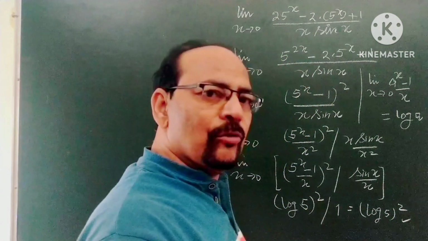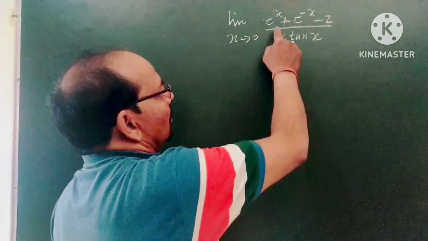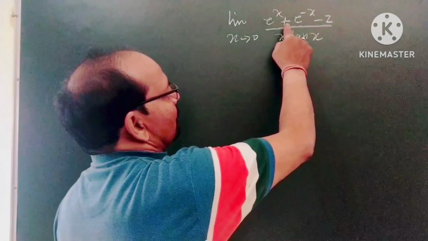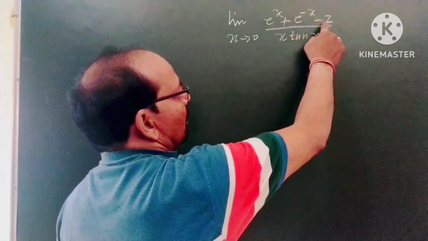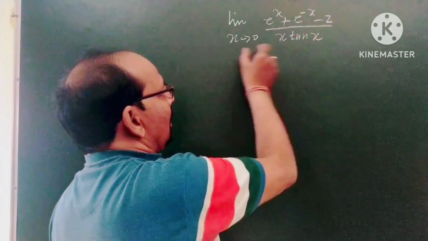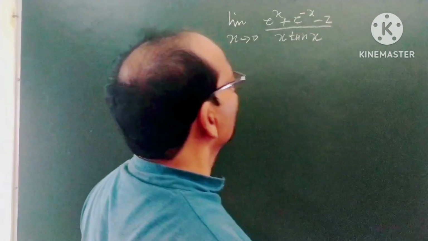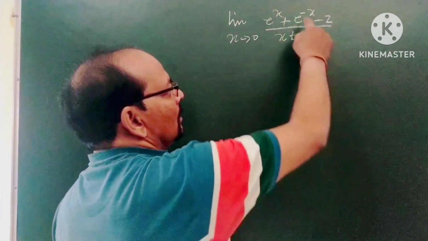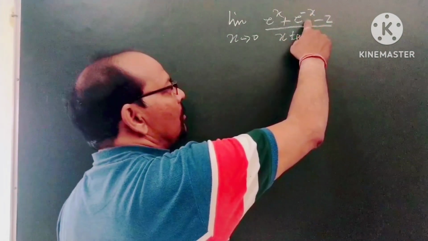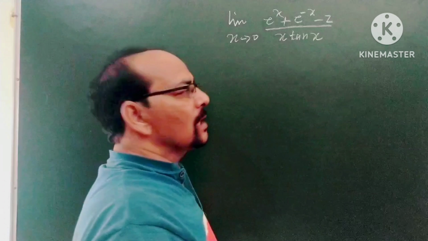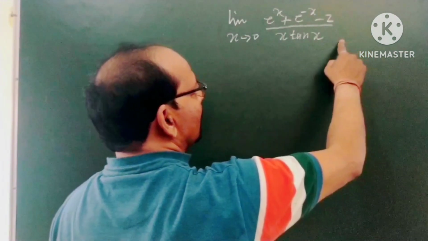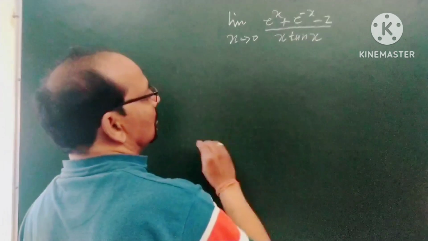After that, we take the next question. Limit of (e^x + e^(-x) - 2)/(x tan x) as x tends to 0. Here e^(-x) changes into e^x form, so we multiply both numerator and denominator by e^x.